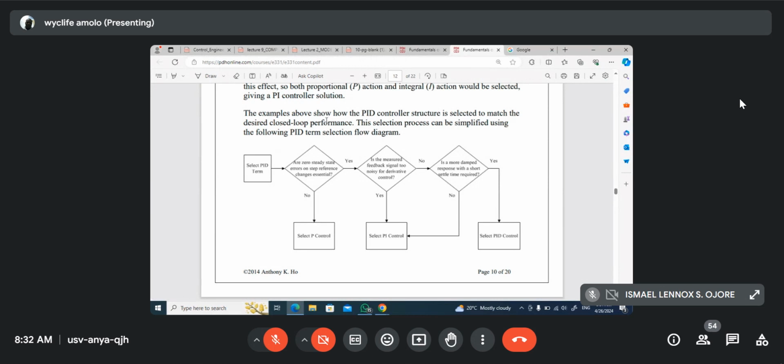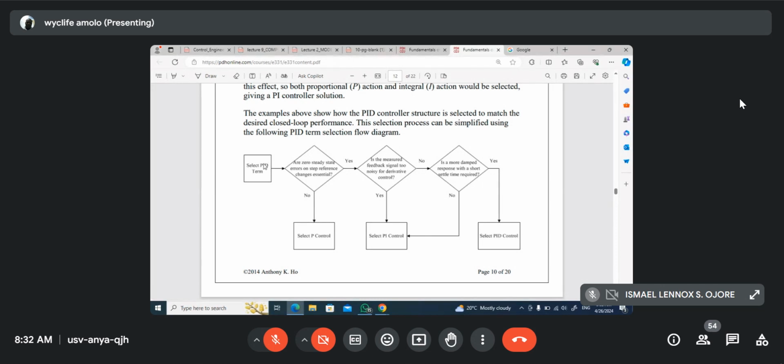The example above shows how the PID controller structure is selected to match the desired closed loop performance. This selection process can be simplified using the following PID term selection flow diagram. Select PID term.